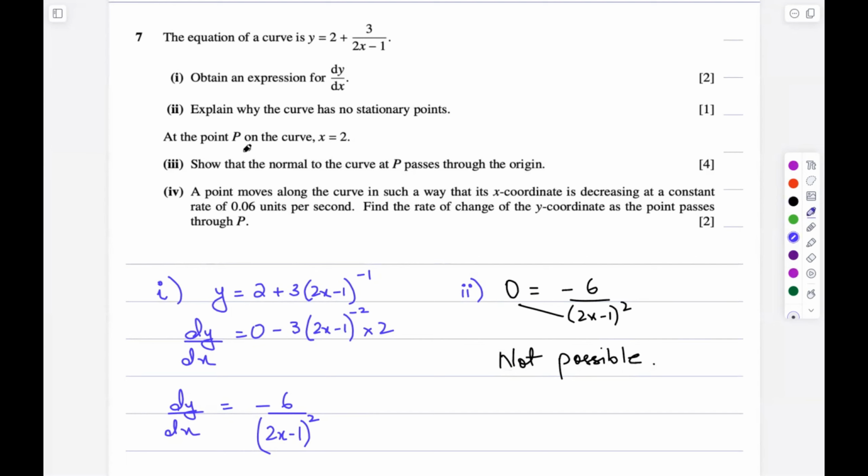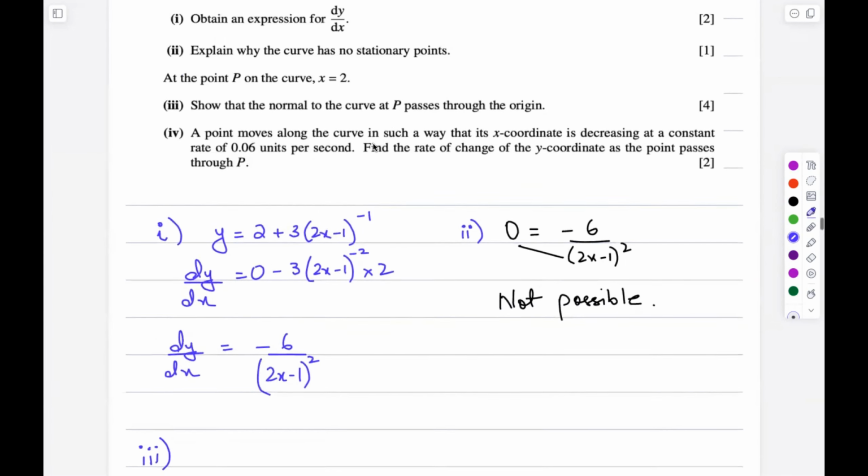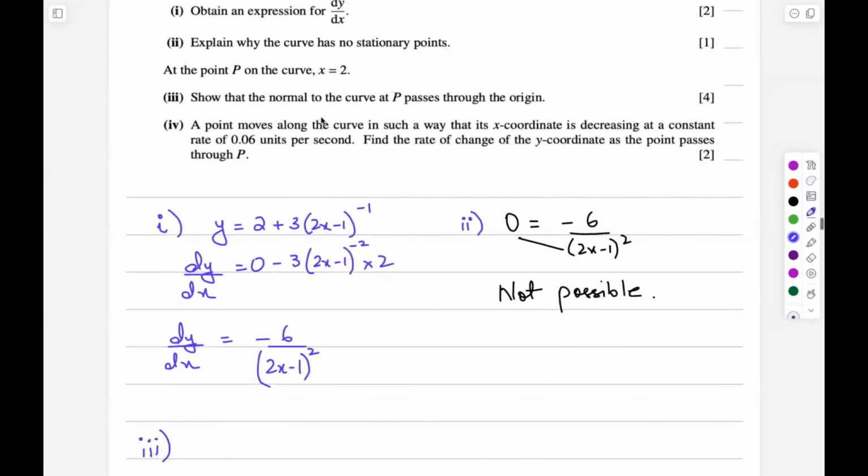In part 3, it says at the point on the curve x equals 2, show that the normal to the curve passes through the origin. First, you have to find the equation of the normal. To do that, we first have to find the gradient of the tangent. We already have the dy dx, and the value of x is 2.